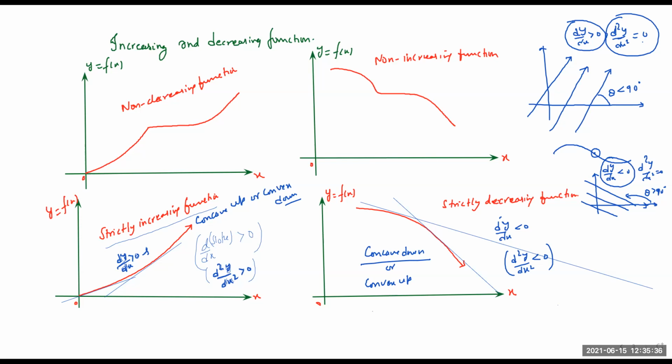When they ask about increasing along with concavity, then we use the second derivative test. If the second derivative is negative, it means the slope is becoming negative.